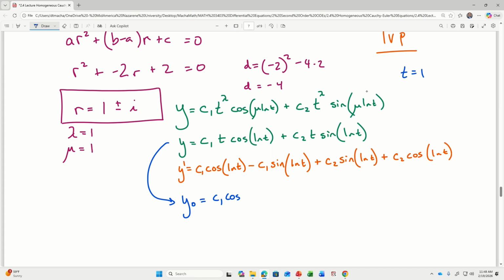Natural log of 1 is 0. So this is cosine of 0. And then this is c2 times 1 times sine of 0. What is cosine of 0? 1. What is sine of 0? 0. So that means c1 is equal to y0.